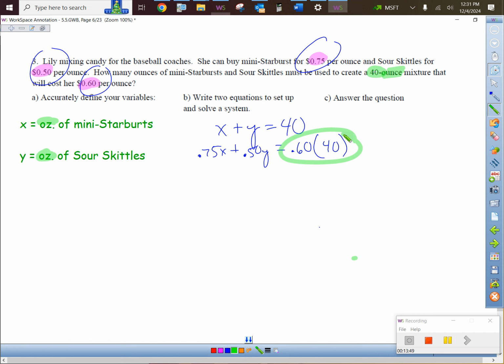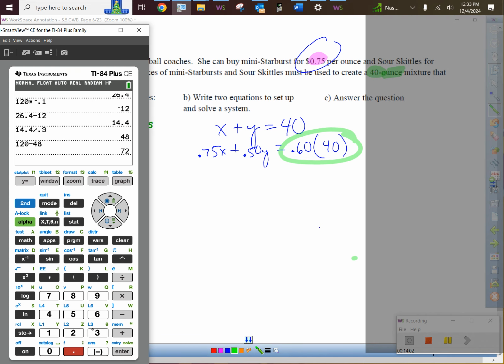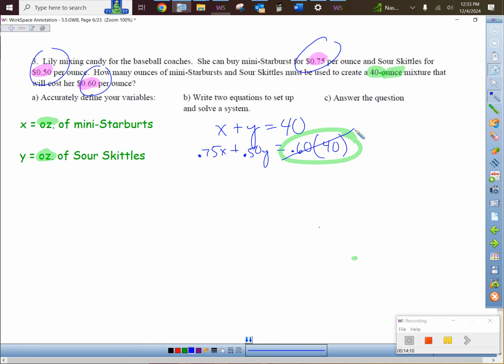So, cool. Let's calculate that ahead of time. That 0.60 times 40. I got 24. Nice little round number there. So just lightly strike it out and put a 24. Mixture problems are our weirdest ones of all the story problems we've done so far. So let's cancel. I'm going to cancel the y's. I think times negative 0.5 is a lot easier for me.